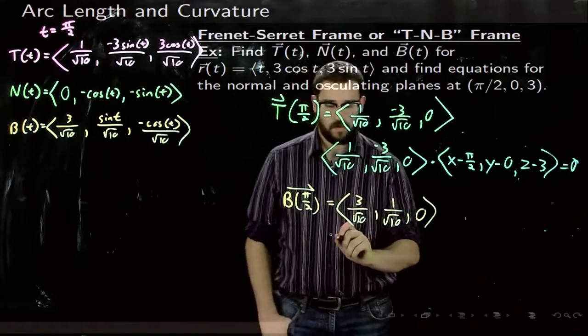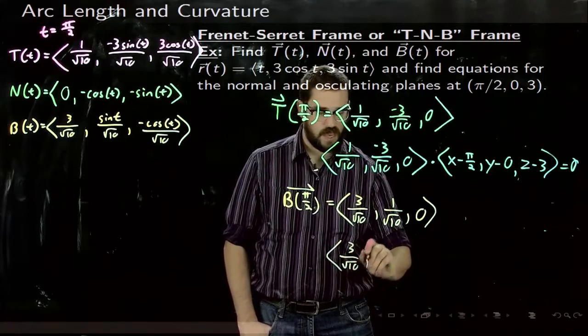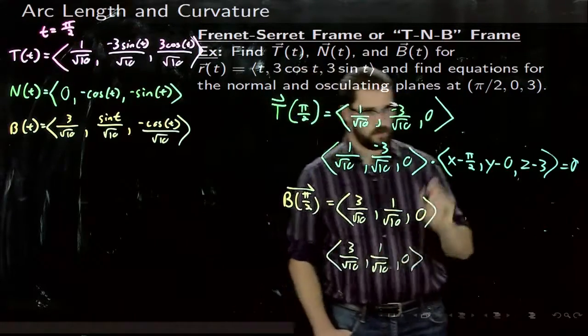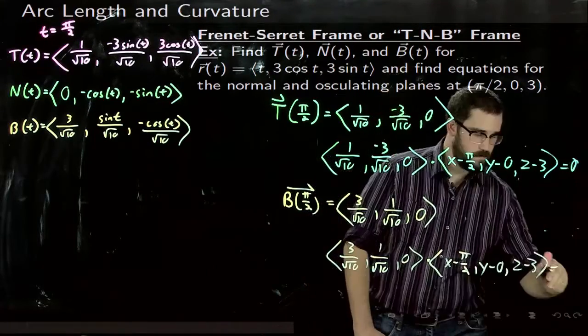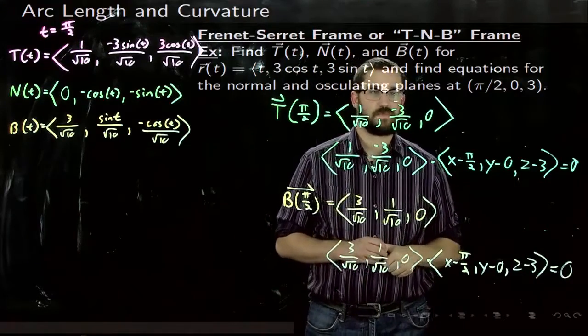And again, in order to create a plane, we just take our dot product with the point that we're looking at and set it equal to 0. And we could distribute it out once again if we liked.